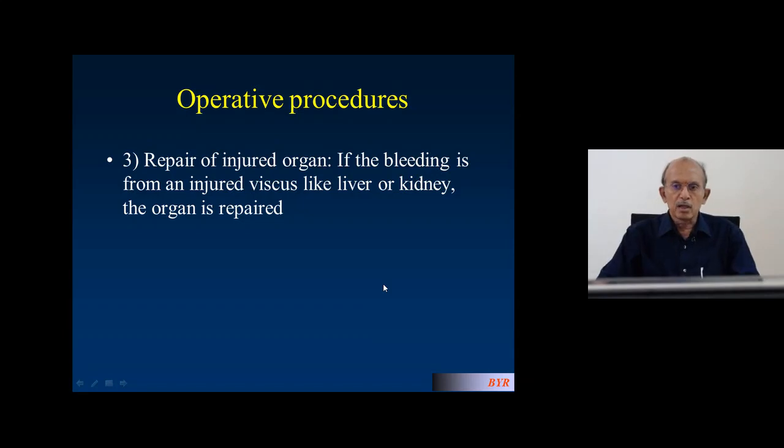Repair of injured organ. If the bleeding is from an injured viscus like liver or kidney, that particular organ is repaired. Because the liver is a spongy structure, you have to repair that structure, but individual bleeders may not be ligated there.